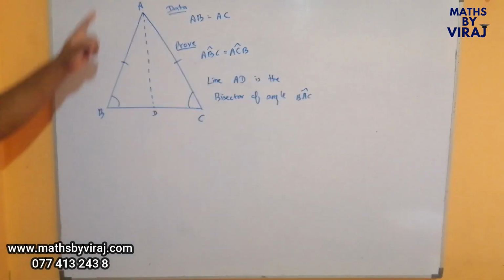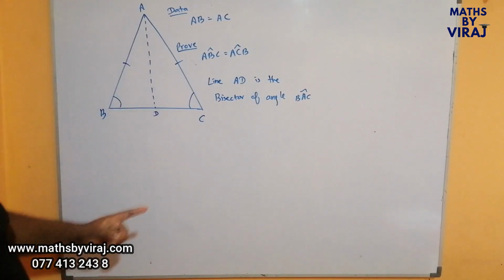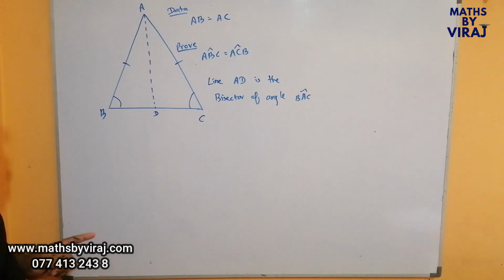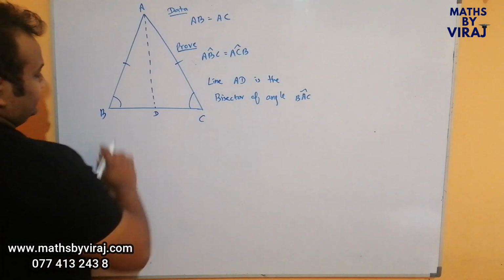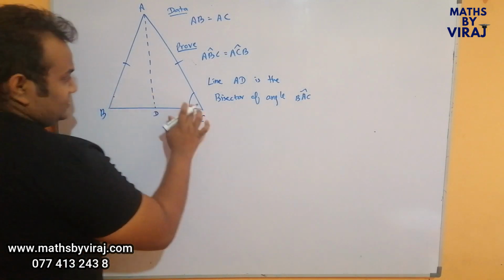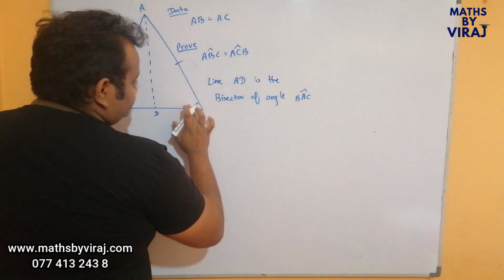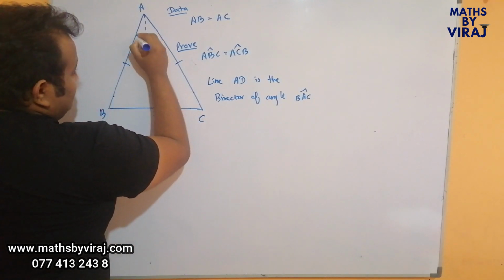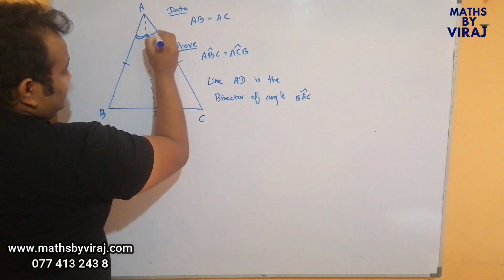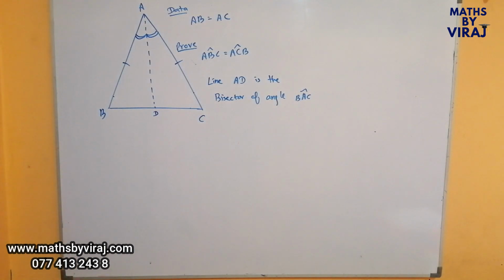Now, when I draw this line AD, I am bisecting or equally dividing the angle BAC into two parts. Right. Let's erase these two angles for a moment. This means that these two angles are equal in value.